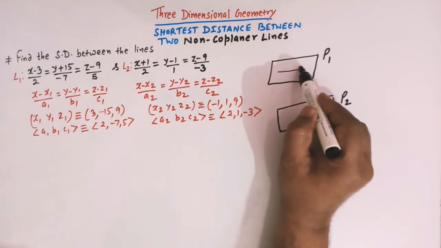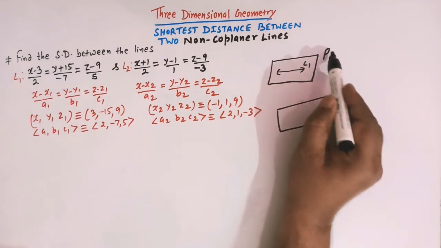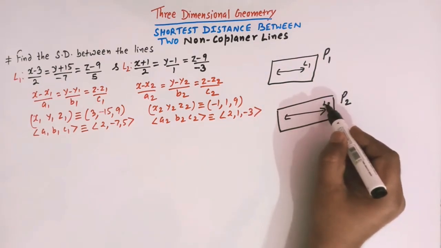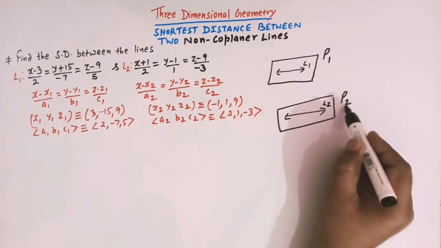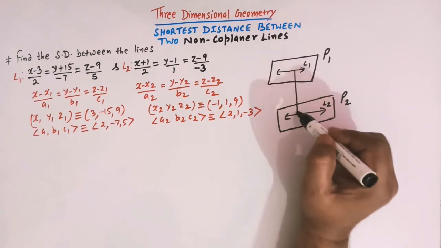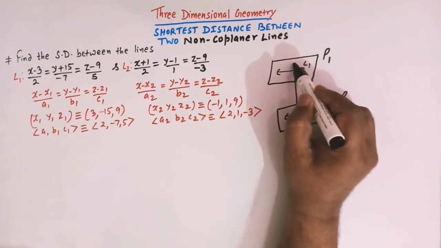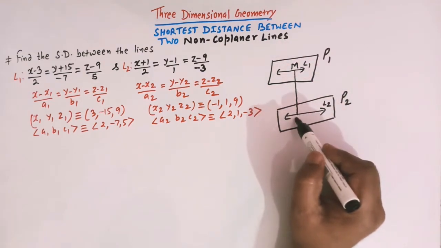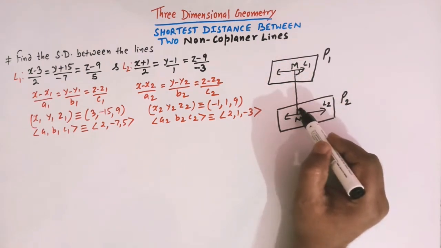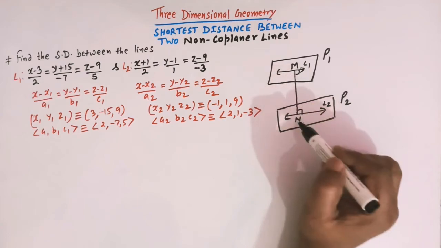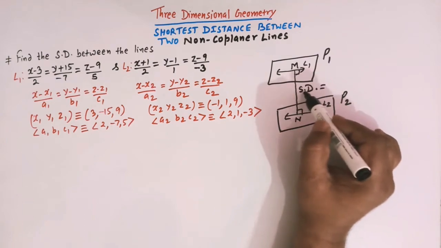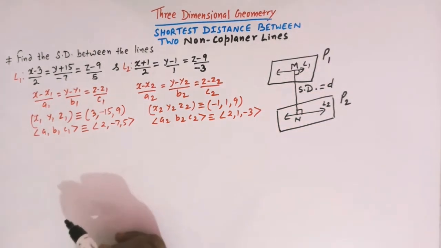This is the line L1 which lies on plane P1, and this is the line L2 which lies on plane P2. If we take this point as M and this point as N, then MN is perpendicular to both the lines, and MN is the shortest distance. So let us denote the shortest distance by the letter D, right?